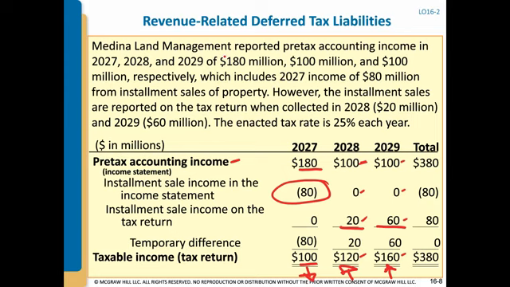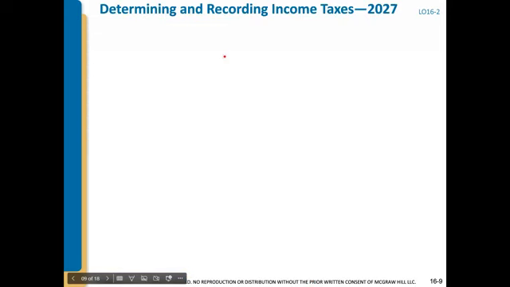But at the end of the day, because these are temporary differences, which means just the timing of when that revenue is recognized is different for financial reporting versus tax, we have pre-tax accounting income of $380 million for the 3 years in total and $380 million in taxable income for the 3 years in total.